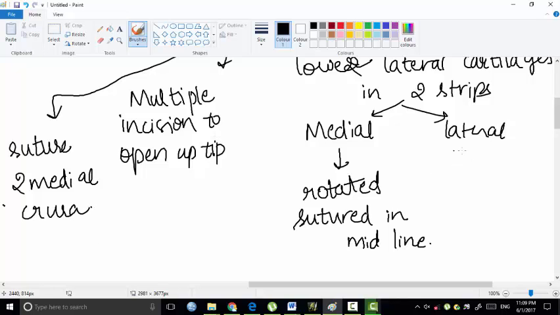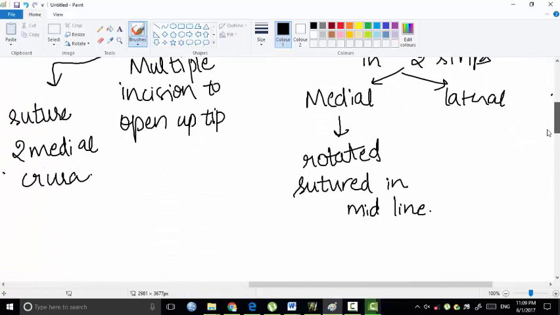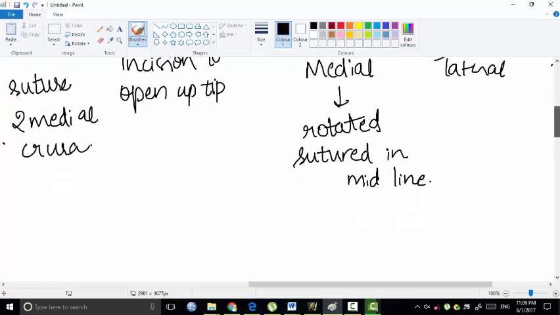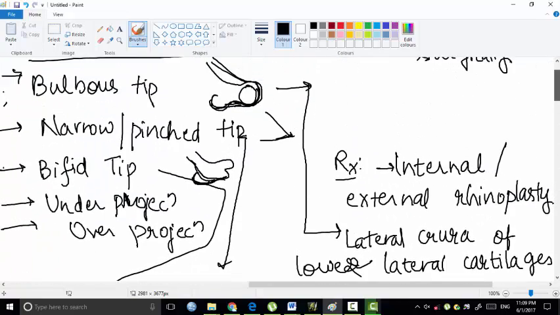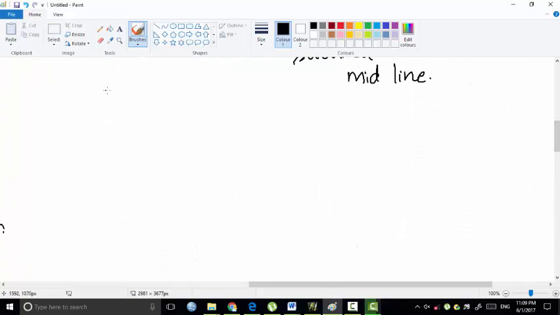So these are the tip delivery techniques. We'll deal with them clearly in different surgeries which we learn in future, but this is the outline of tip deformities.